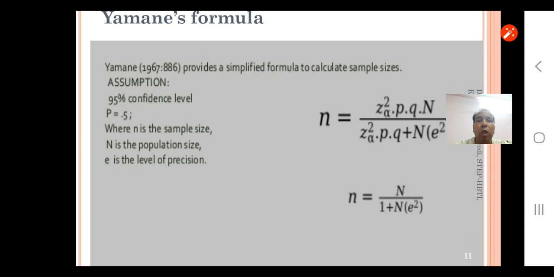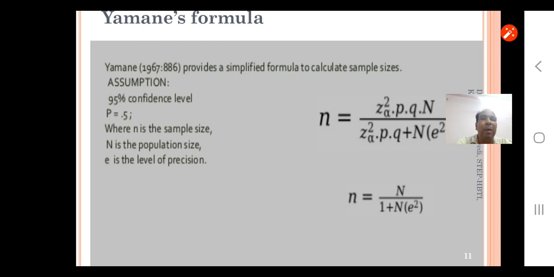Another formula, a simple formula in fact, is known as Yamane's formula. This was devised in 1967. This is based on certain assumptions like confidence level is 95% and proportion of the population is 50%, where small n denotes sample size, capital N denotes population size, and E is again the level of precision.